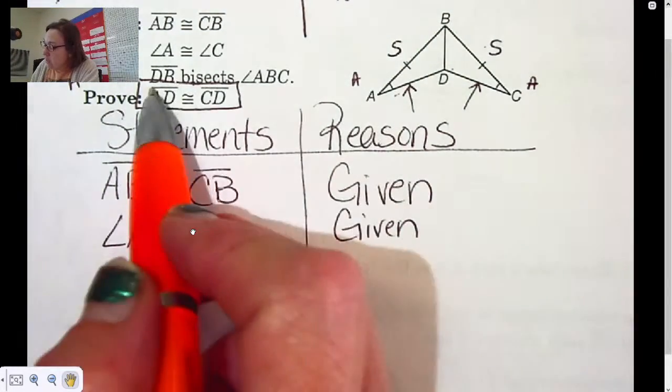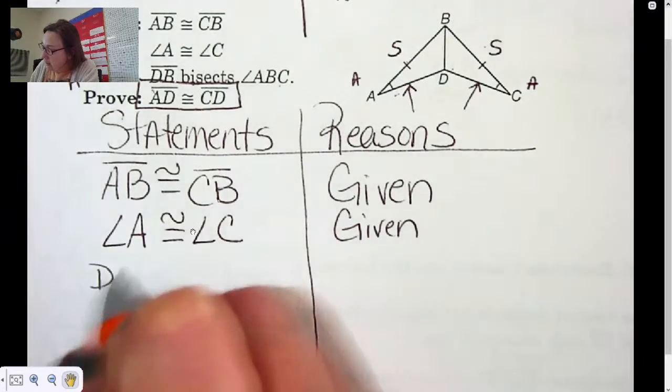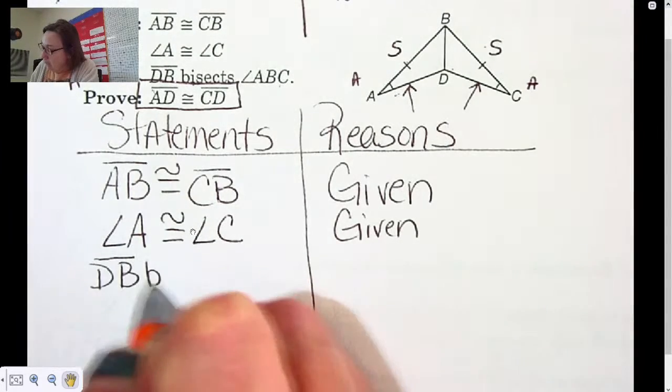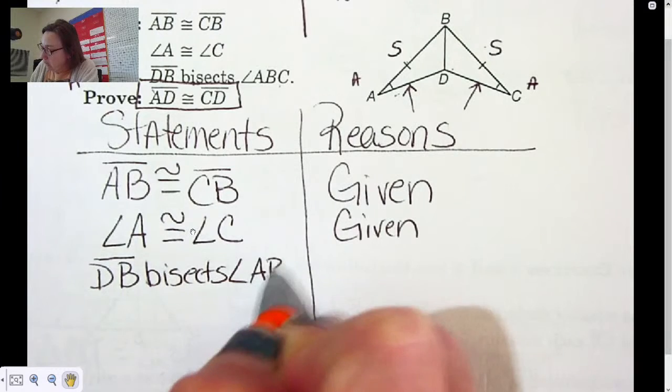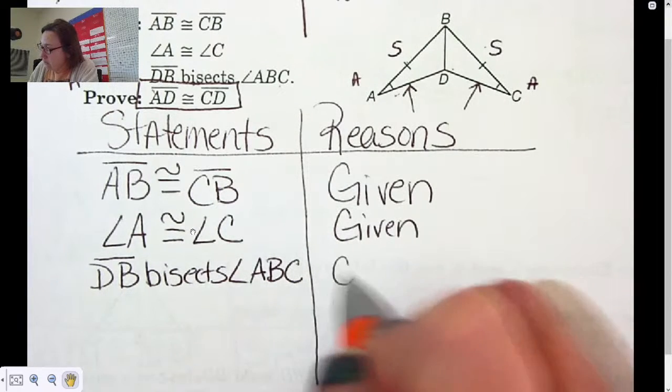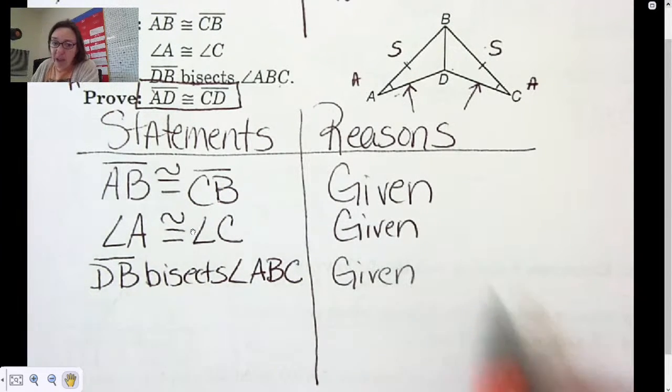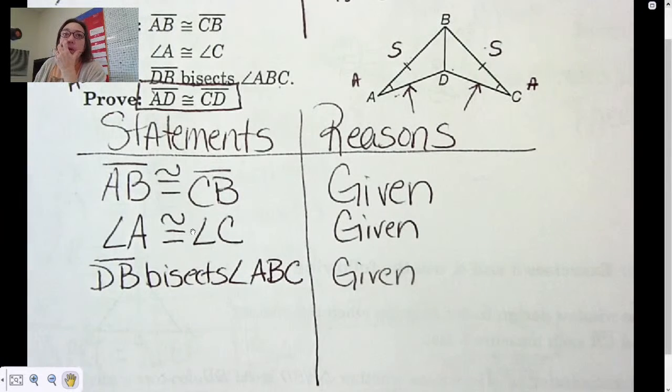So our next piece of information says that DB bisects angle ABC. Now that was given also. Now what does that mean? What's congruent? Bisects means cuts in half equally.